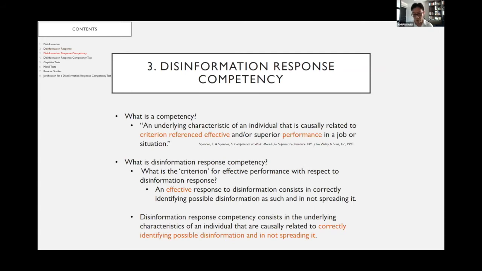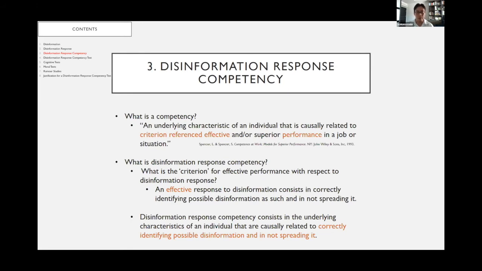Next, we come to this idea of a competency. What is a competency? The important words are highlighted in reddish font here: a criterion-referenced effective performance. When we put this definition in the context of disinformation, the criterion is an effective response to disinformation, which consists in correctly identifying possible disinformation and in not spreading it.